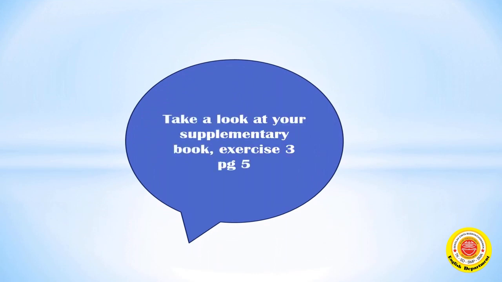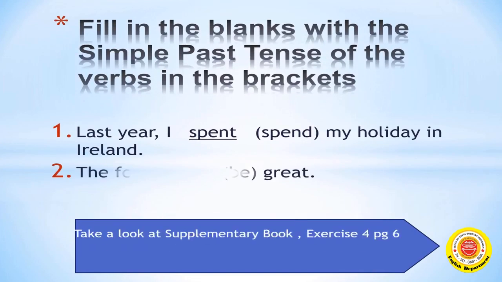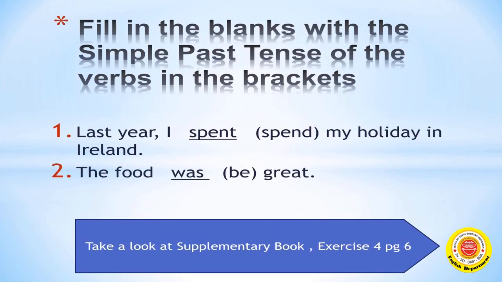Take a look at your supplementary book. Exercise 3, page 5. Fill in the blanks with the simple past tense of the verb in the brackets. Nah, di sini disuruh kalian bentuk positive sentences-nya. Jadi, di sini masih verb 1.